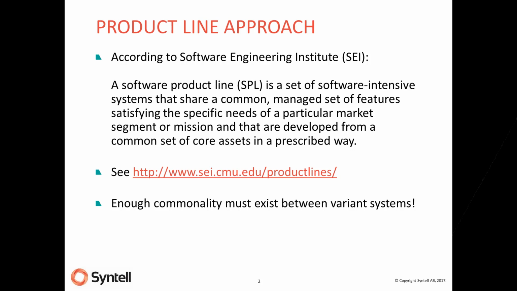Reuse is, of course, not just limited to software or software-intensive systems. Let's just define product lines as a set of similar systems, a family of systems, where similarities in requirements and structure enable a large-scale reuse.